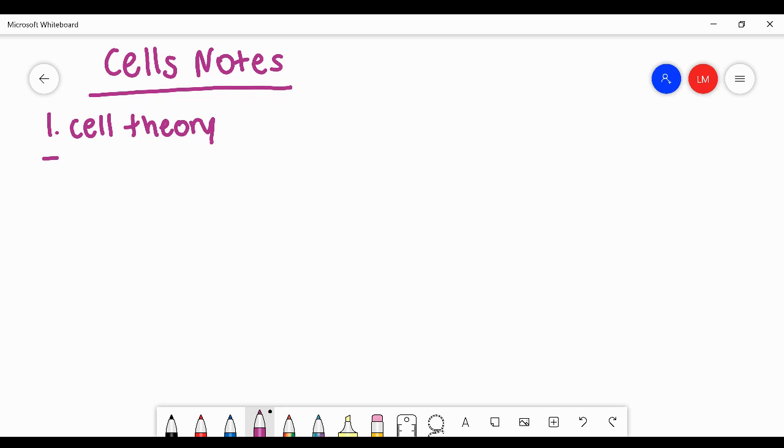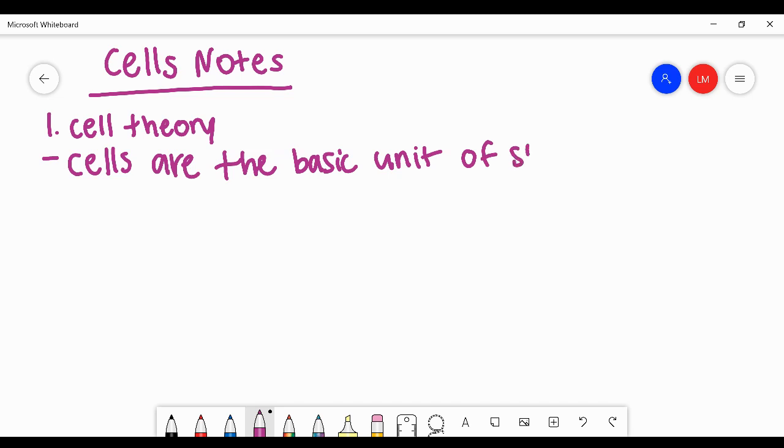The first says that cells are the basic unit of structure and function in living things.